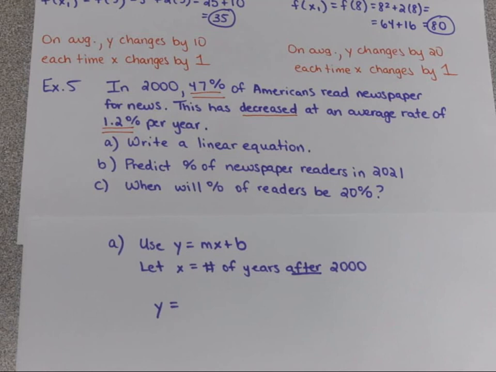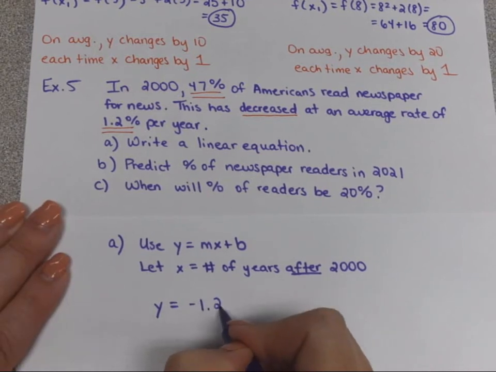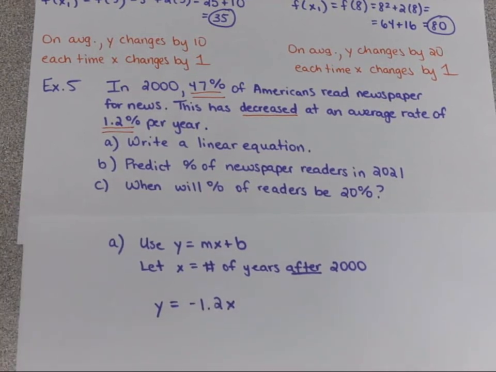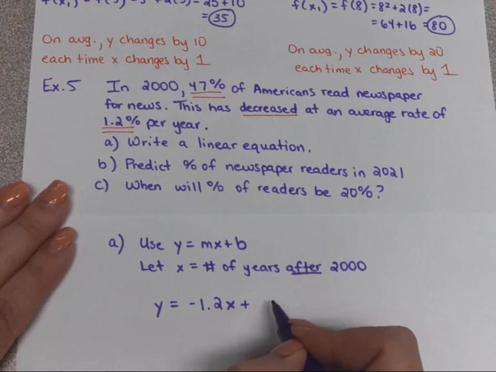The 1.2%, right? But instead of saying positive 1.2, I'm going to need to use negative 1.2. How come? Because it's negative, right? It's going down. Okay, so I'm going to say negative 1.2%. Notice I don't even have to change the percent to a decimal or anything goofy like that. Okay, I can just keep it as a percent if I want. And then where do you think the 47 is going to go then? In other words, what would be the y-intercept for this problem?